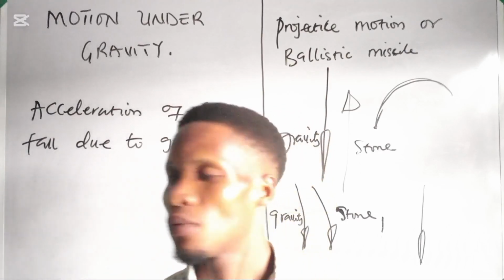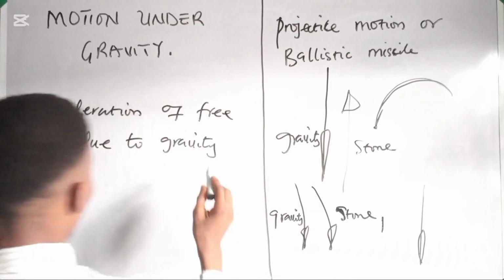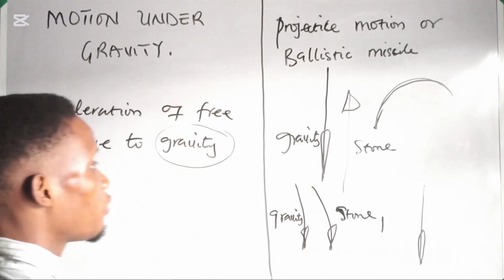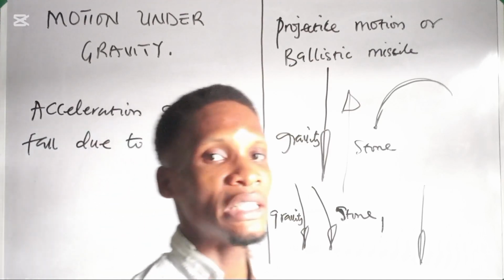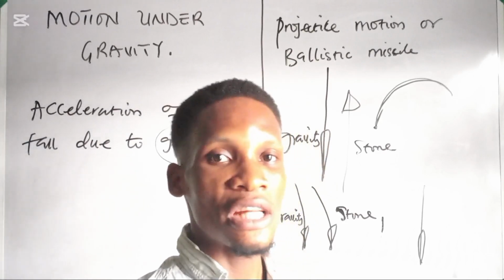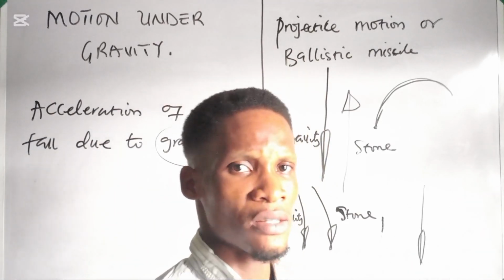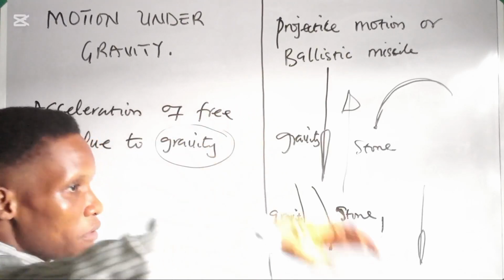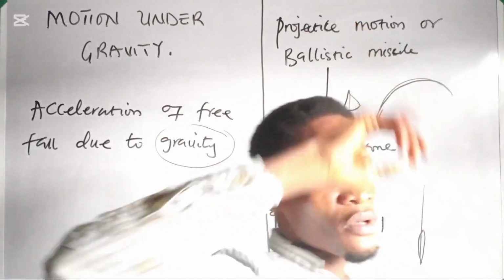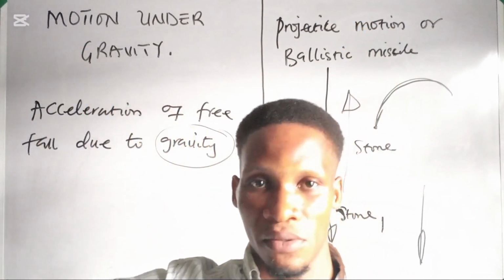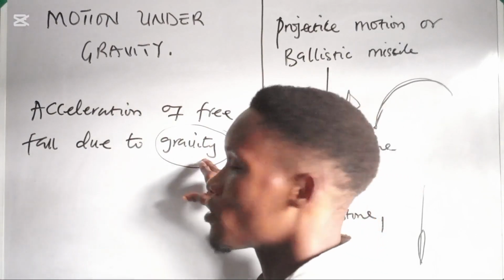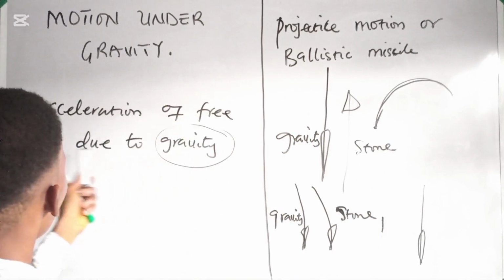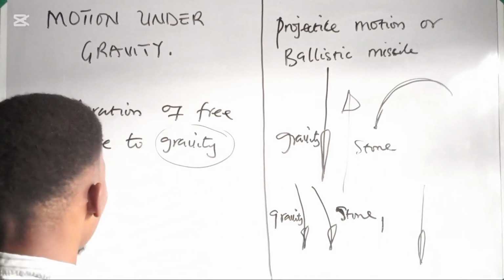Why? Because of the action of gravity. Like I explained earlier, with the action of gravity, it will be able to move. But this can happen when it's released into space. So this object can move around, and can also go upwards when it's released into space. That is with the action of gravity.